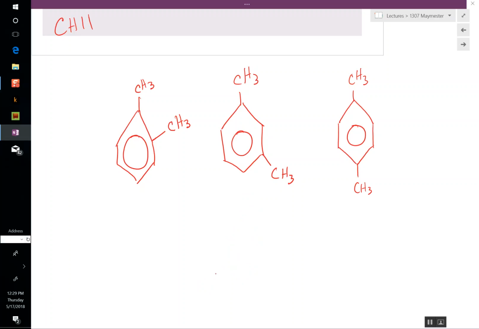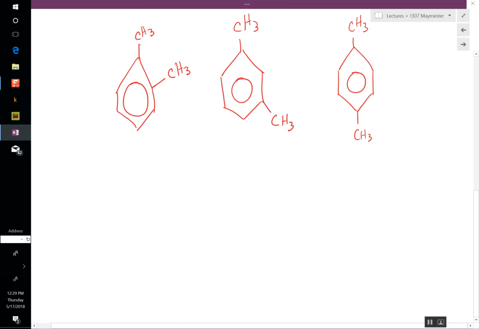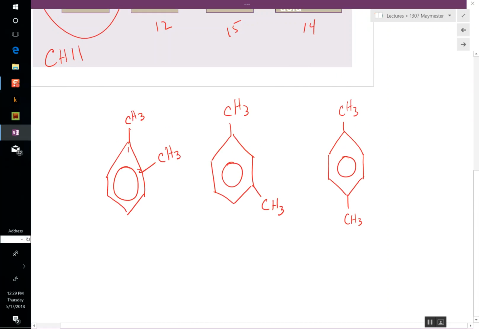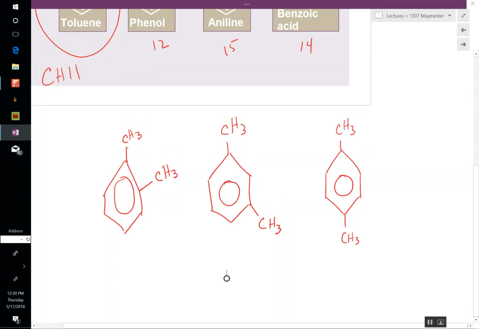We wouldn't even really call this 1,2-dimethyl benzene. I guess you could call it that, and that's what you would call it if you were just going off of numbering. 1,2-dimethyl benzene, right? That would be 1,3. There's 1, 2, 3. Be 1,4. 1, 2, 3, 4. With me? Okay, now on the next slide, I think it is, we tend to use something else here.